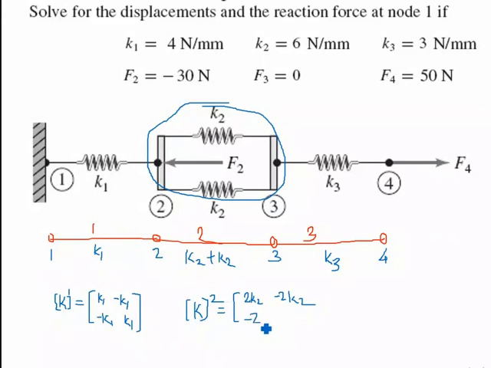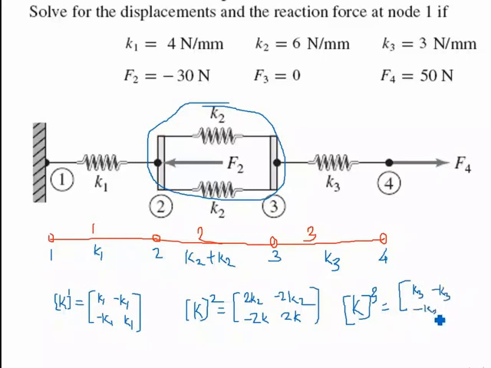Next, Pandit, what is the stiffness matrix for the third element? K3, minus K3, minus K3 and K3.